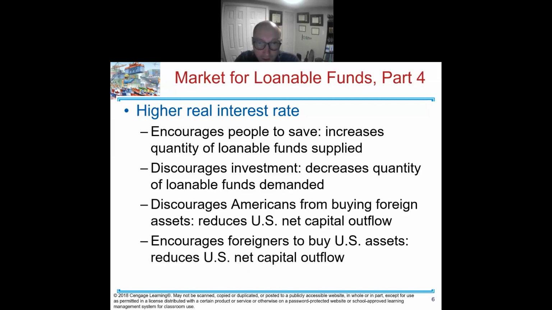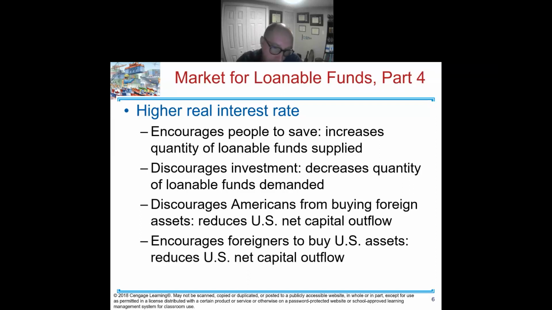This discourages investment when the real interest rate is high, because there's a decrease in the amount of loanable funds. It also discourages Americans from buying foreign direct assets. It reduces net capital outflow.